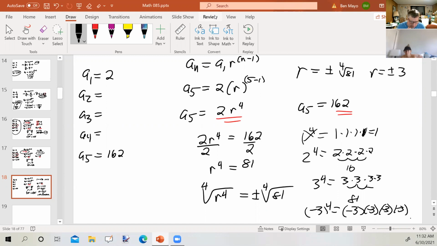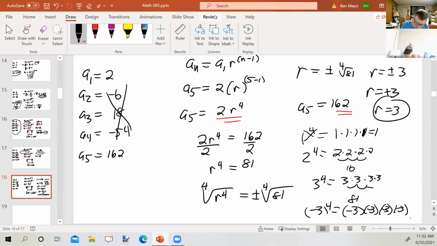However, if we go back to the instructions, it said insert 3 positive geometric means. If I use r equals -3, 2 times -3 is going to be -6, times -3 is going to be +18, times -3 is going to be -54, and that's not correct. So what I'm going to have to do is use just the positive common ratio, okay?